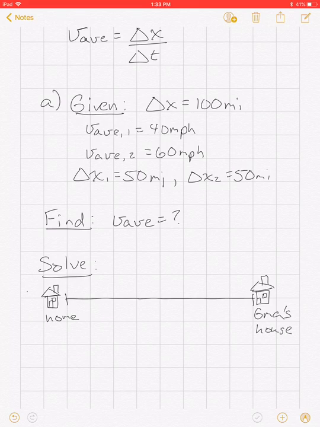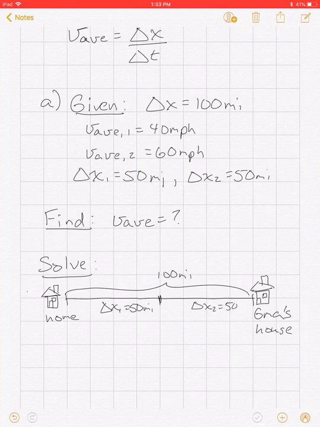And the total distance between the two is 100 miles. So I'm guessing Grandma either lives in Bismarck or Fargo. Now we're told that half the distance, so this is going to be delta x1, is 50 miles, and delta x2 is also 50 miles.